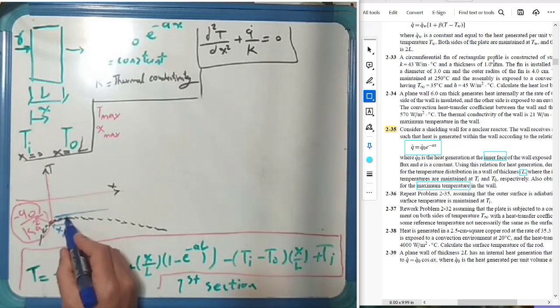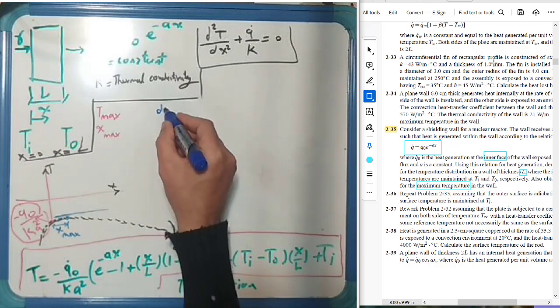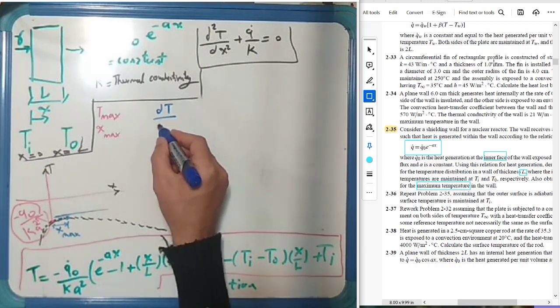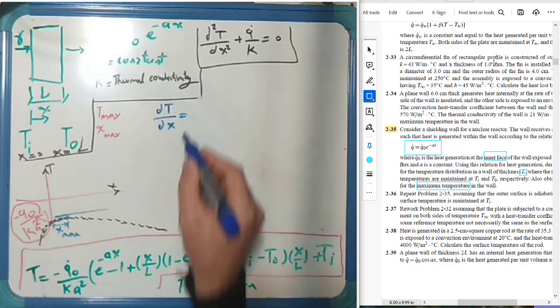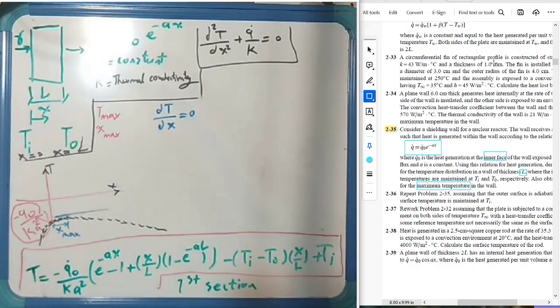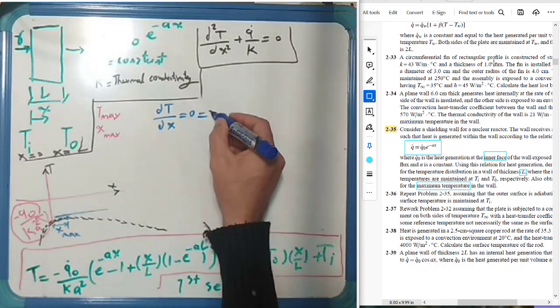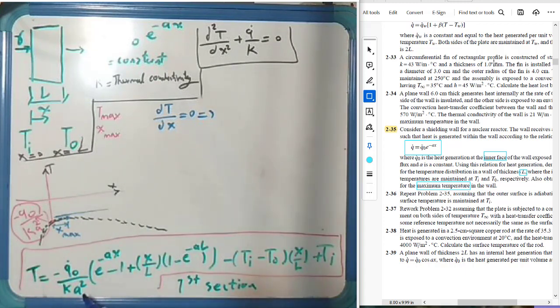For finding this point, we have to differentiate this formula with respect to X, dT/dx, and put it equal to 0. Okay, and find X. Then let's differentiate this formula.